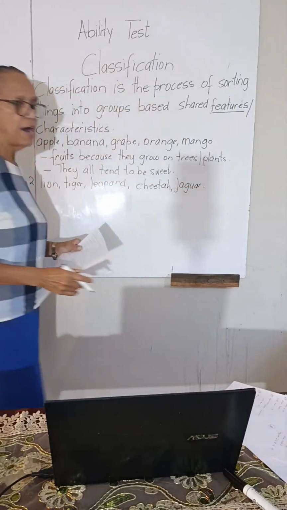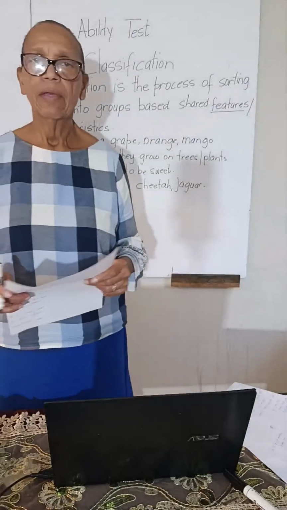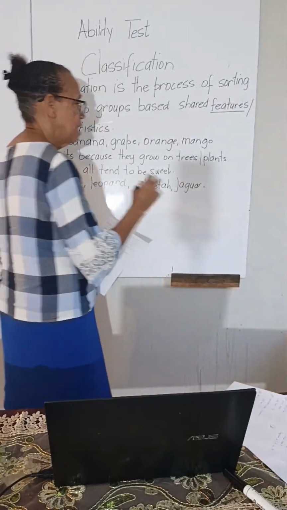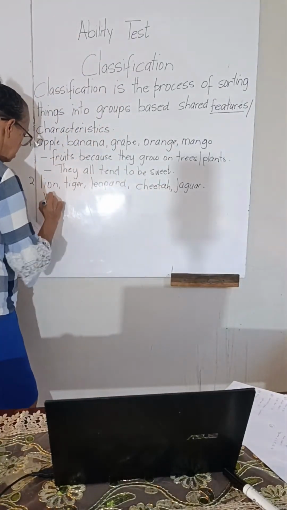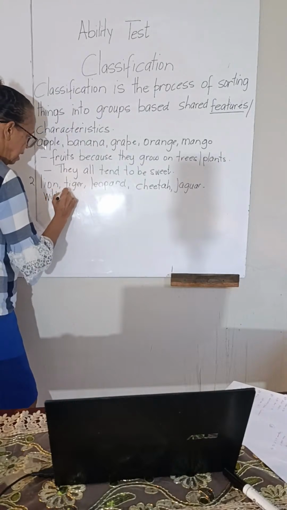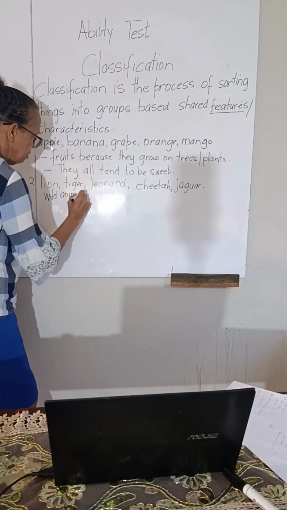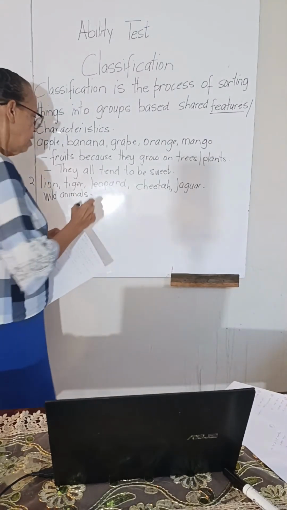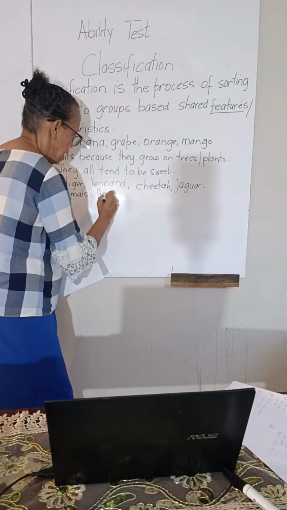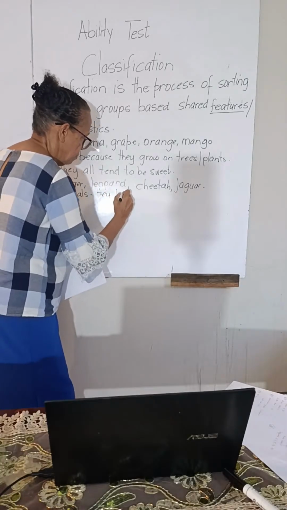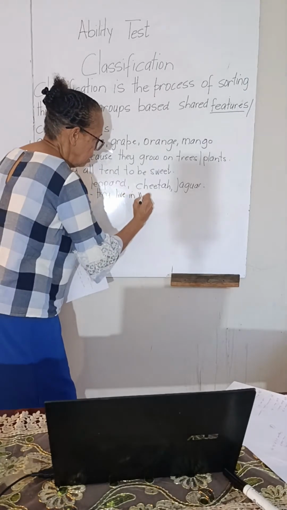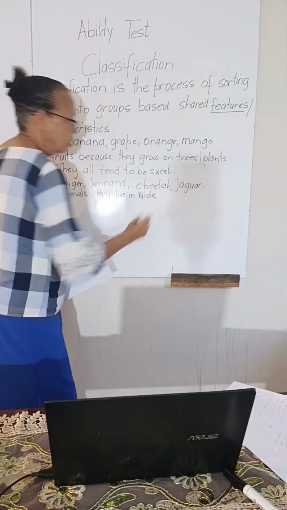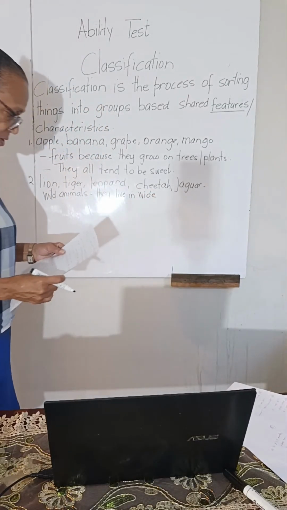All of these are animals, not just animals, they are wild animals. What are some of their common features or characteristics? They live in the wild. What else? What are some of the other characteristics you can have?